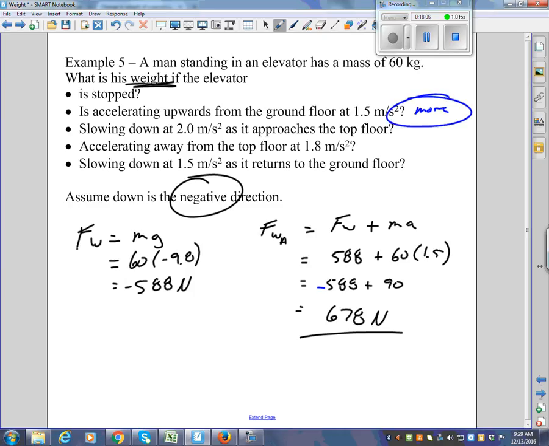The signs can be confusing here, and the reason the signs are confusing is because it's the force on the object compared to the force on him, and those are opposite in direction, right? And he's accelerating up, right? So there's some confusion about the signs. What I generally tell kids is, don't freak out about the signs here. Just make it so that he weighs more. And that usually makes kids happy.